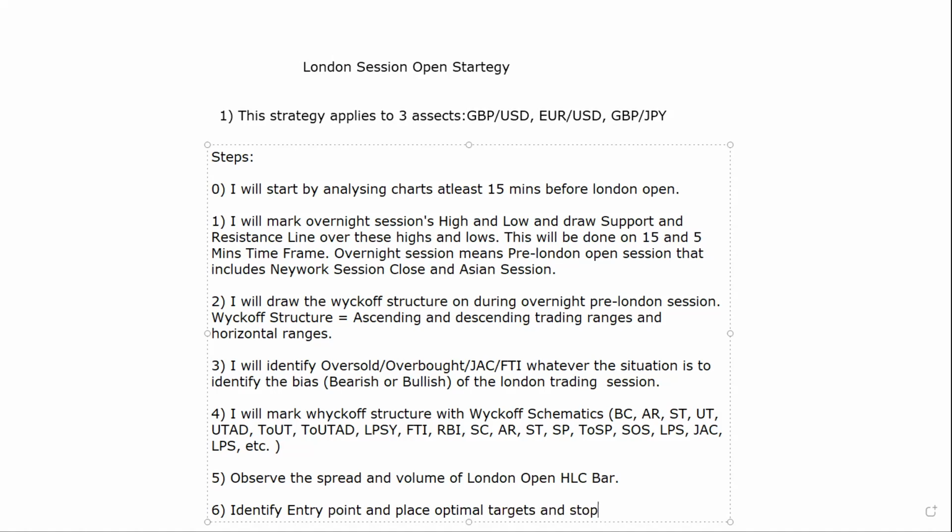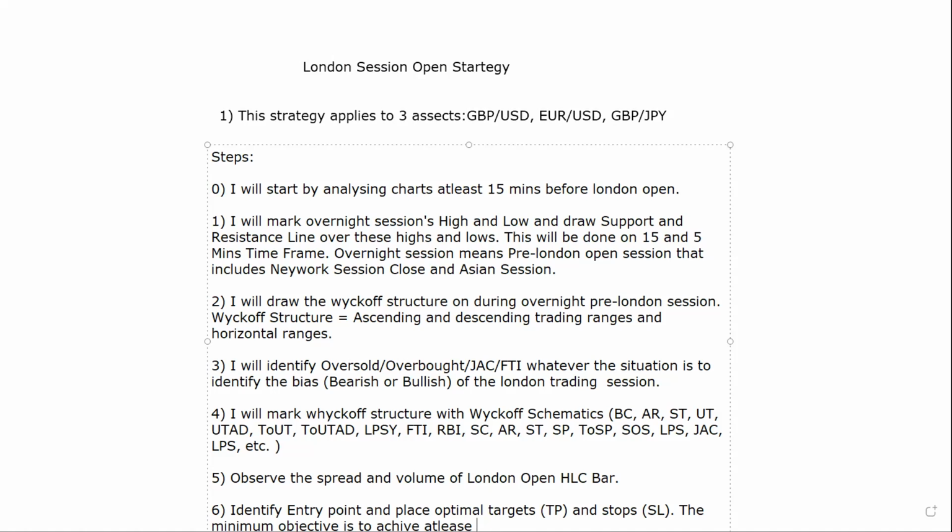Targets here means TP, and stops here means SL. The minimum objective is to achieve at least 3 RRR.